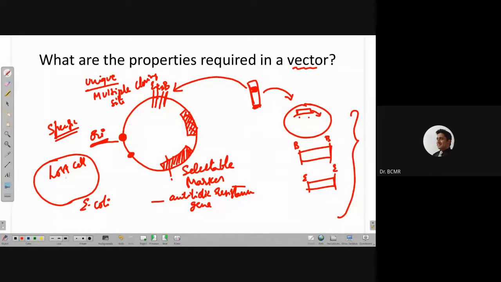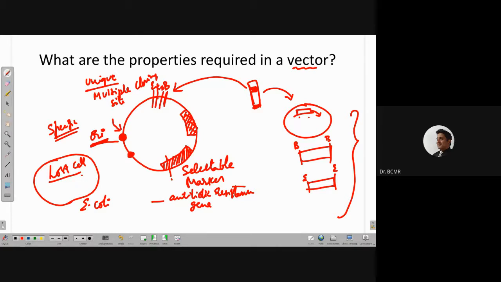So origin of replication is specific to the host cell. When I say that, it means what type of proteins recognize this origin of replication. The host cell should be able to recognize this origin of replication, and then initiate.